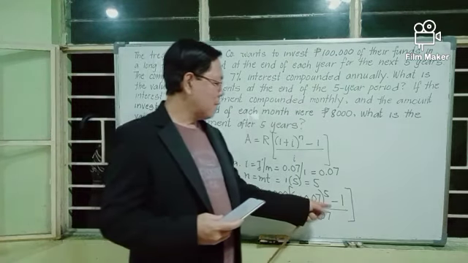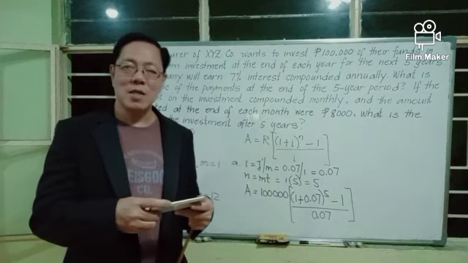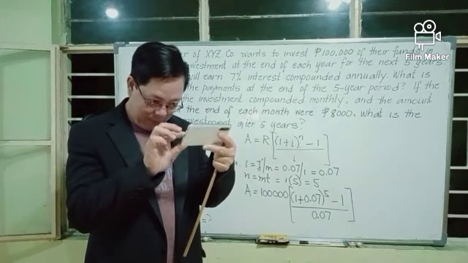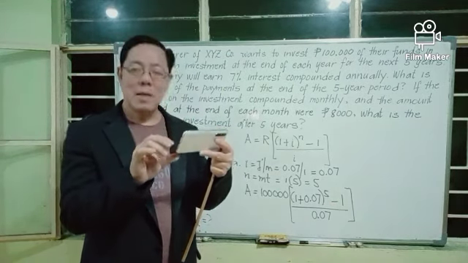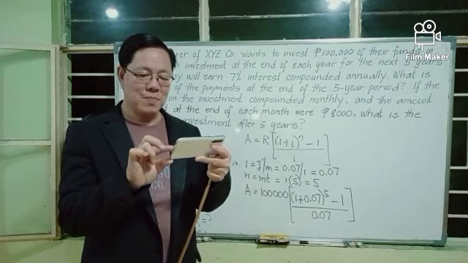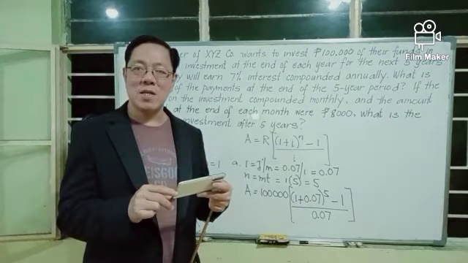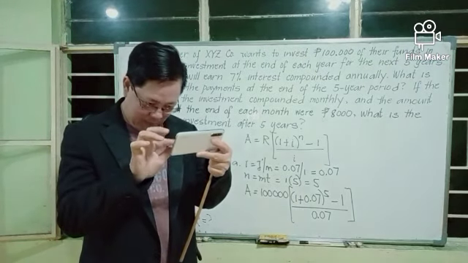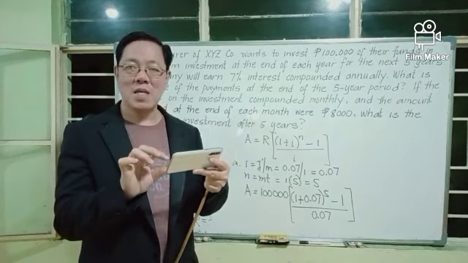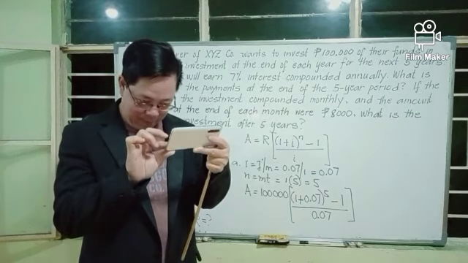Minus 1 from the answer in your calculator. And then you press equal. And that answer in your calculator, you divide by 0.07. Press equal again.